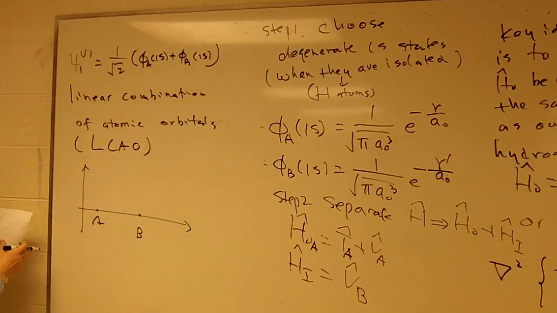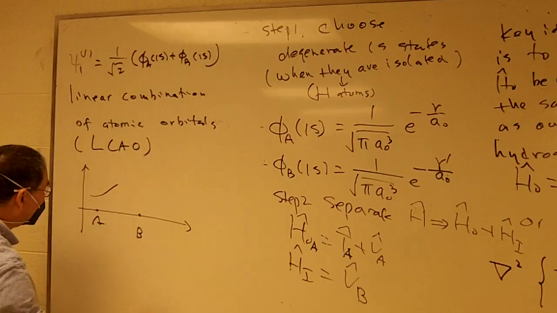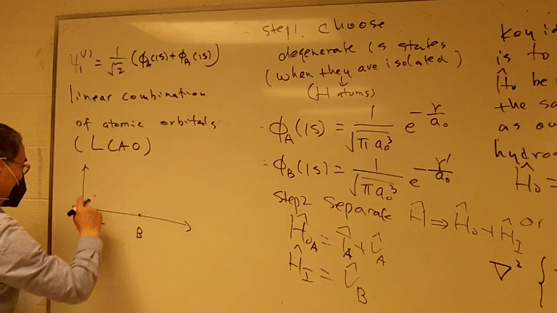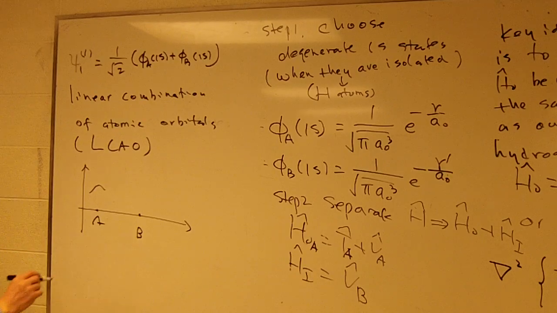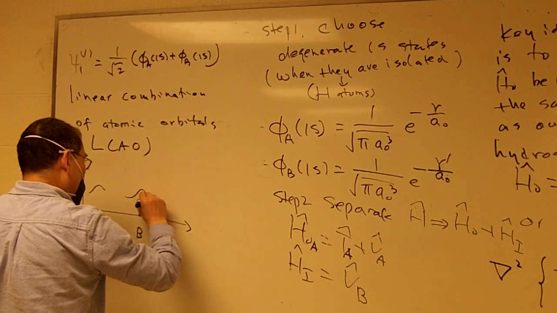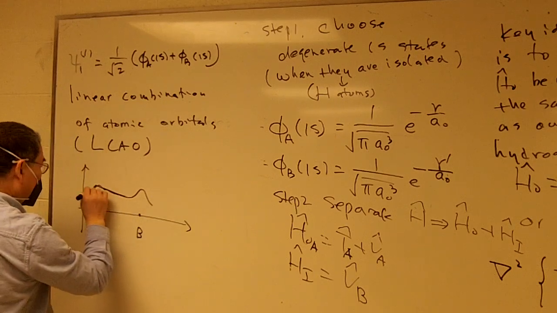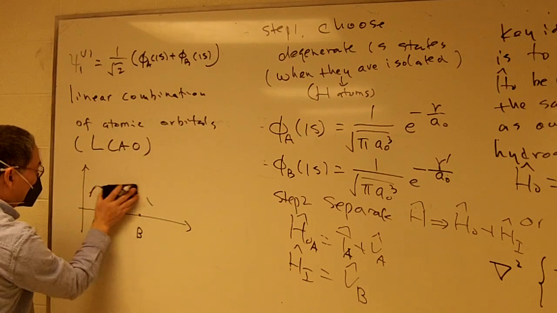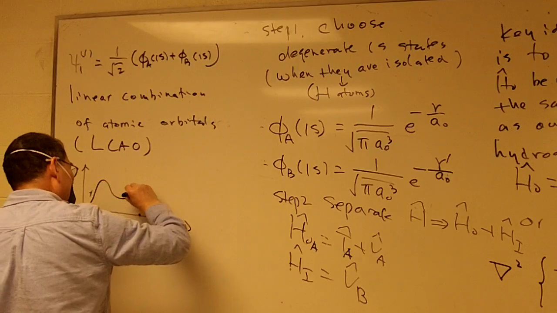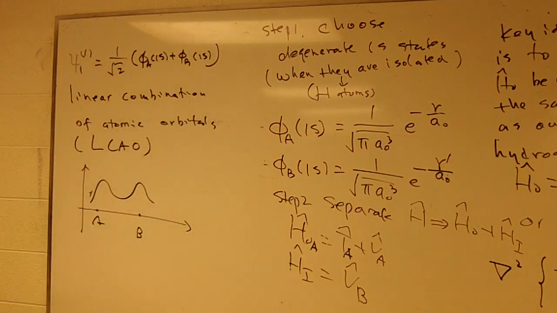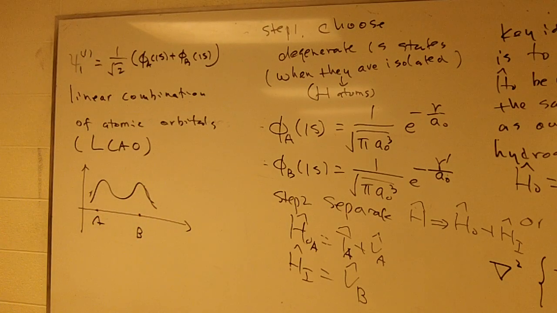Therefore, when you draw these two wave functions, you have a maximum at an atom location, another maximum at an atom location, and something like this comes out. I did not draw very well. I should draw a little better. It jumps down like this, and that's the wave function.